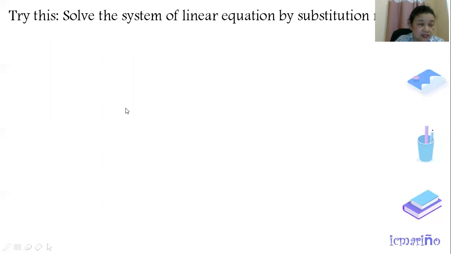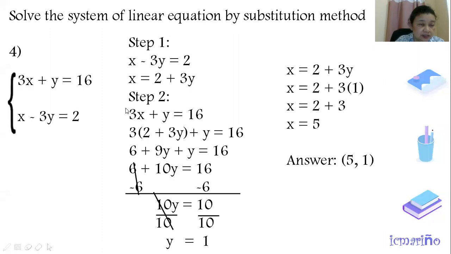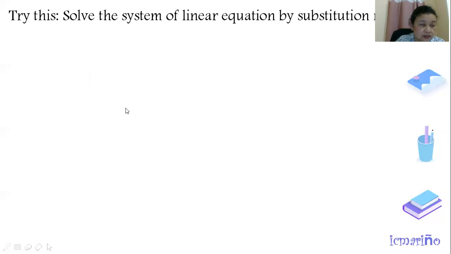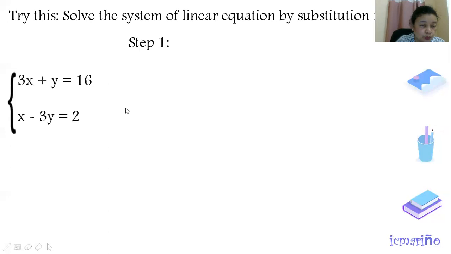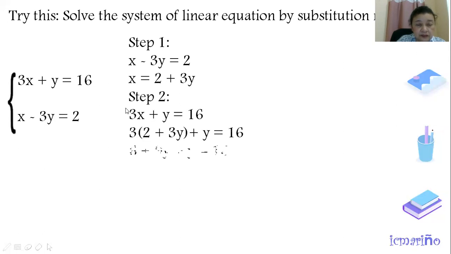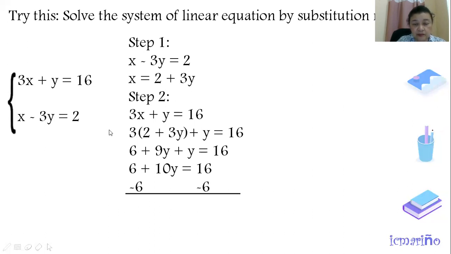Let me see. 3x plus y equals 16. x minus 3y equals 2. Oh, same. Okay. Let us skip that one. This is the same problem. Sorry about that.